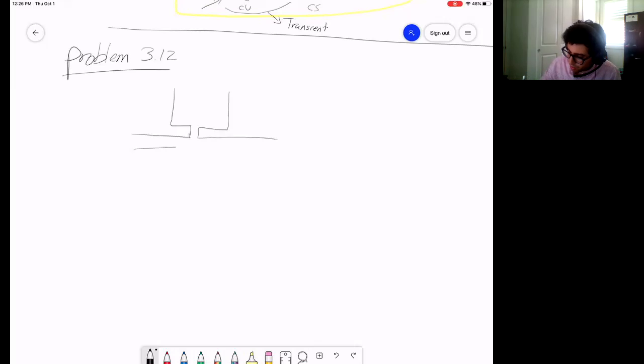So if you have the book, you can go to problem 3.12, and you kind of see this problem. It's like a tank that is attached to a pipe, and the velocity here is 2.5 meters per second, and the velocity at the exit of the pipe, v2, is equal to 1.9 meters per second.